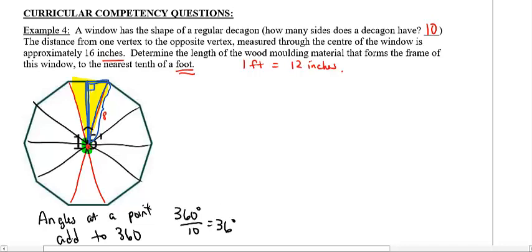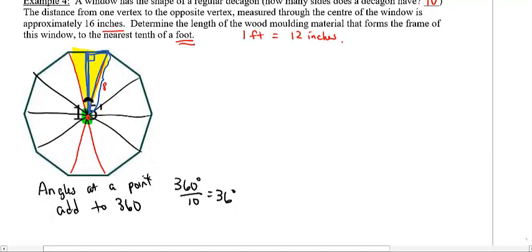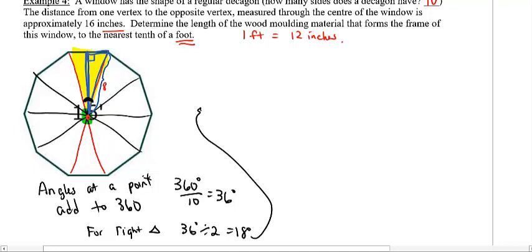So this entire angle here is 36, but that's still way too much, because for my right triangle, I'm only using half of it. So for the right triangle, I have to now take the 36 and divide it by 2, which is 18 degrees. So with that, this blue triangle that I just created here, the length is 8. This angle now is actually 18 degrees.